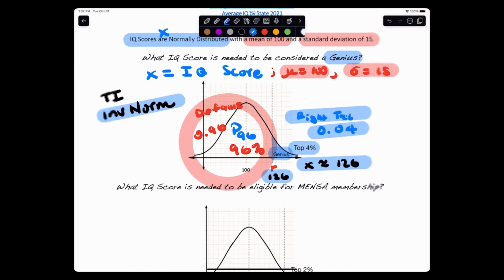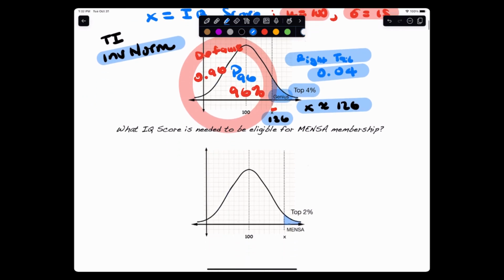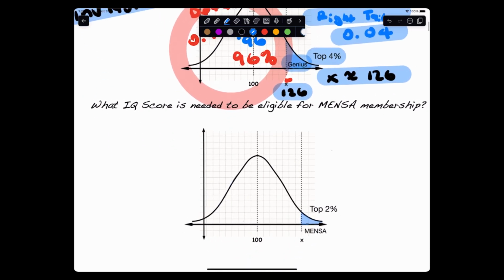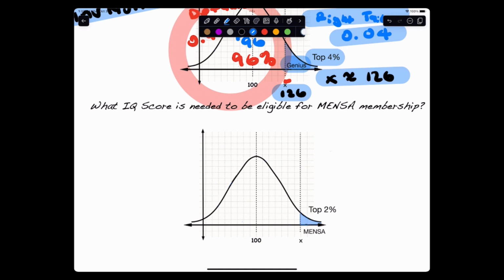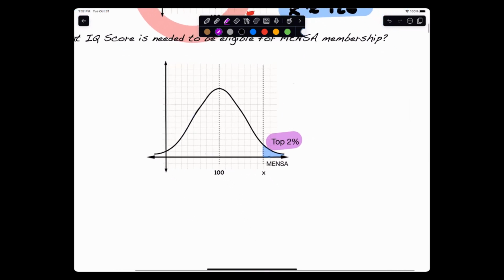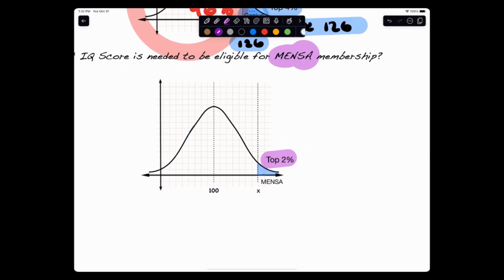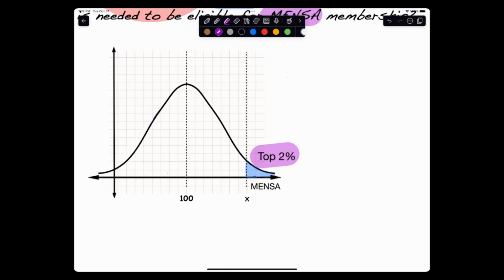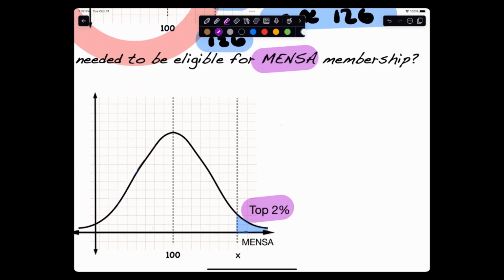All right? Okay, now, my other class, they couldn't believe this. Do you guys know that there are people with IQ scores that are in the top 4%? Okay, you guys see this here? And these are people who are eligible for what's known as Mensa membership.